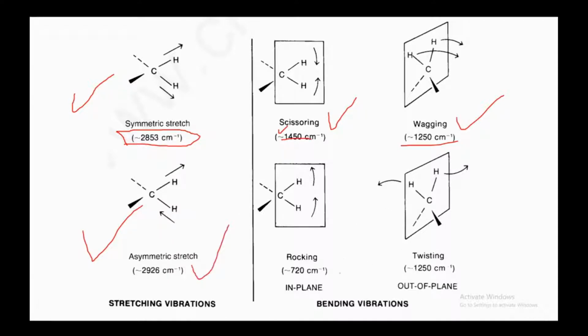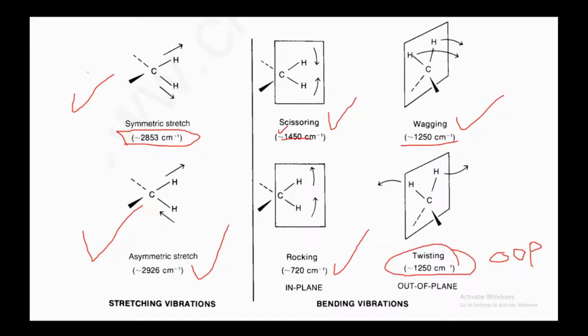And there is rocking, which for CH2 appears in plane at approximately 720 per centimeter. This one is called out of plane. So sometimes when you read an IR spectrum, you see out of plane twisting, which is observed for CH2 at approximately 1250 per centimeter.